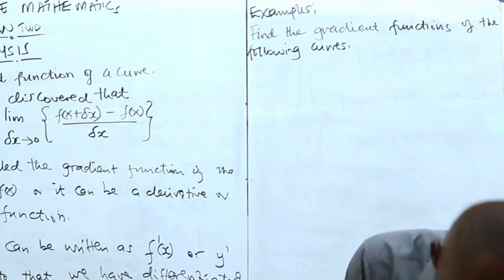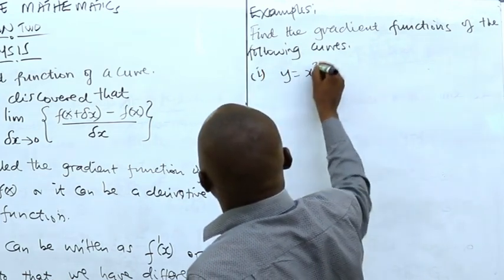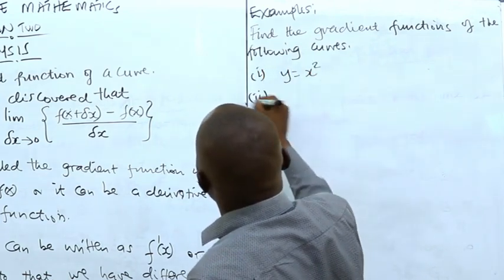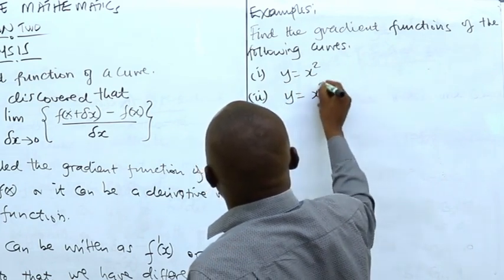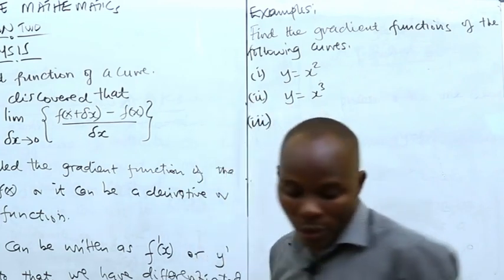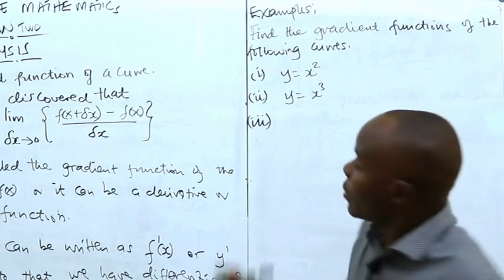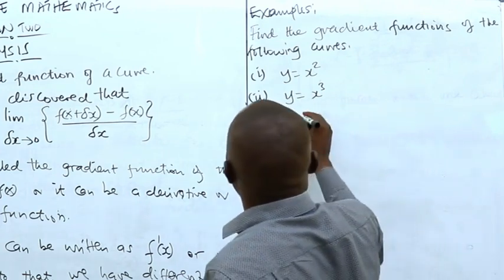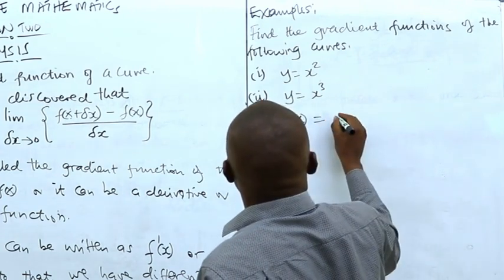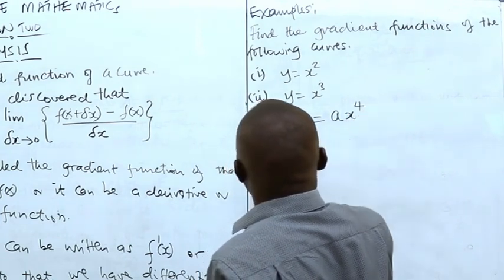We have Roman 1, y is equal to x squared. Roman 2, y is equal to x cubed. Roman 3, y is f of x is equal to ax to the power 4.